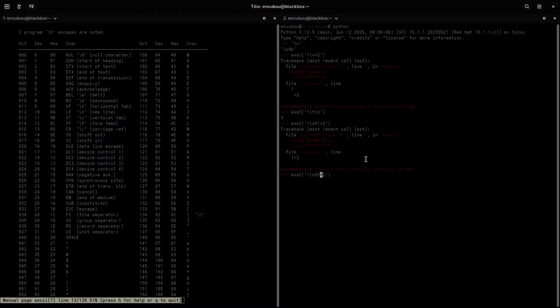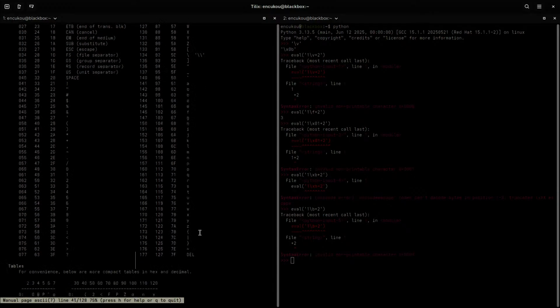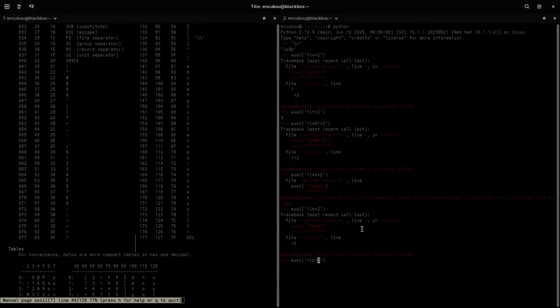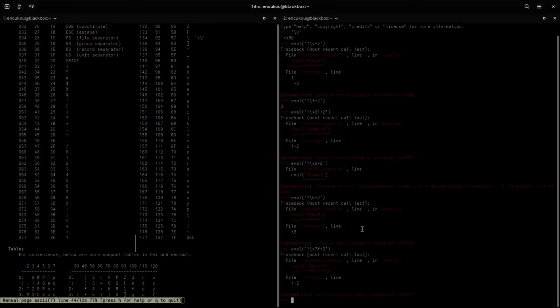Normally the characters before space, the control characters, are just left out. And I guess the escape, it's also invalid and non-printable.